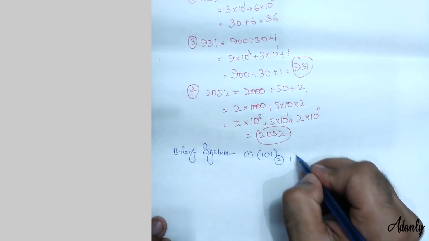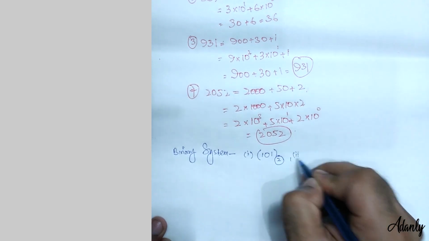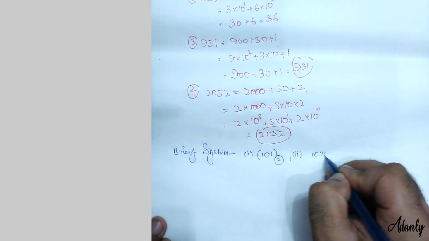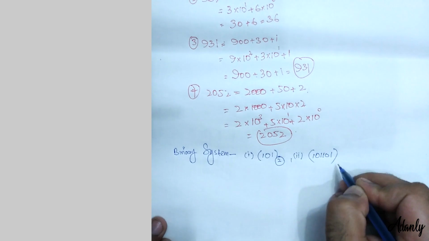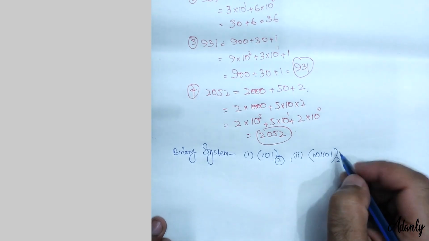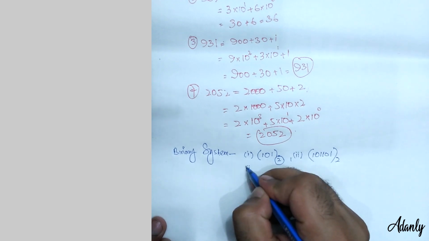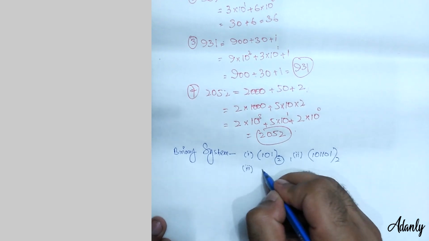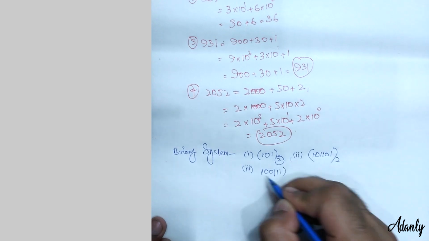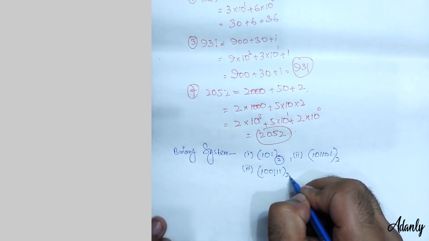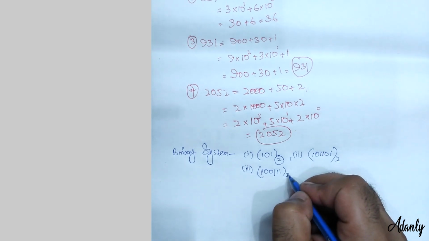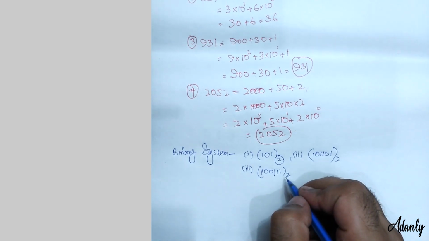Another example could be 1, 0, 1, 1, 0, 1 to the base 2. Again, this 2 will represent the binary number system. Another example could be 1, 0, 0, 1, 1, 1, and so on, to the base 2, which will indicate that this is binary number system.